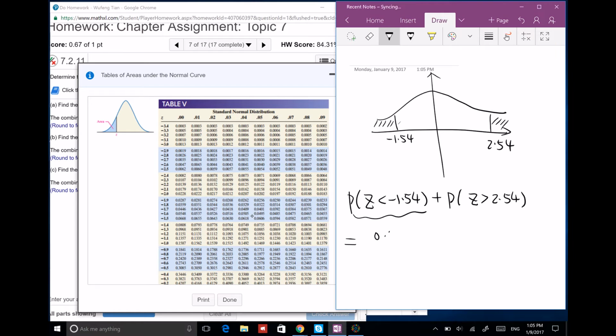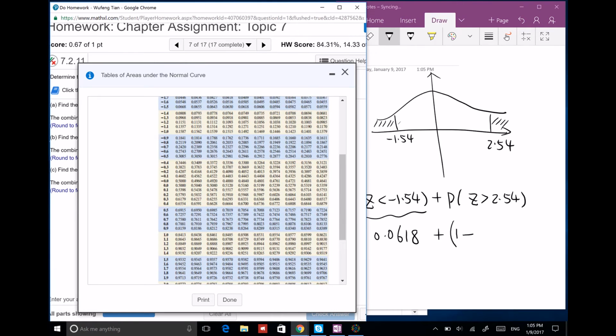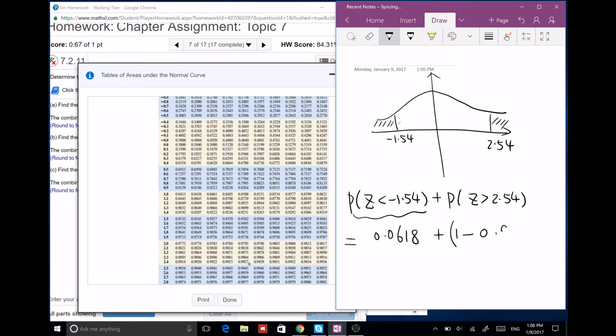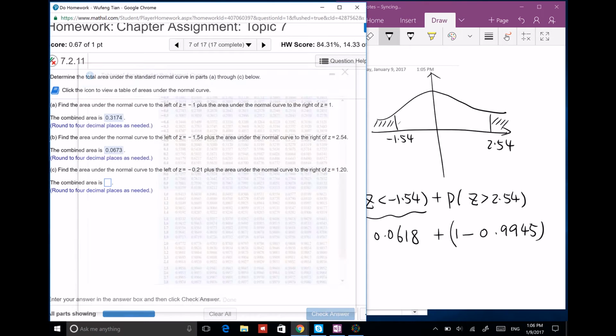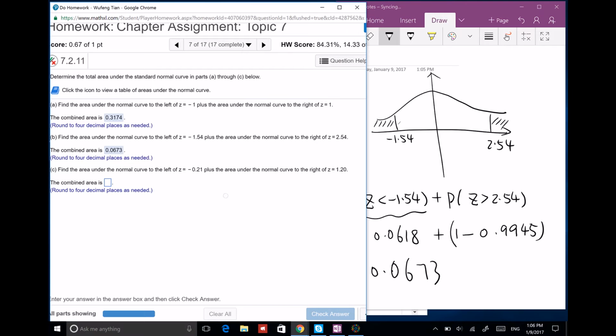So 0.0618 plus. This is bigger than. If it's bigger than, I have to use 1 minus the probability. 1 minus 2.54: 2.5, then 0, 1, 2, 3, 4, 0.9945. Okay, so this will give you the answer 0.0673. Okay, so next one.